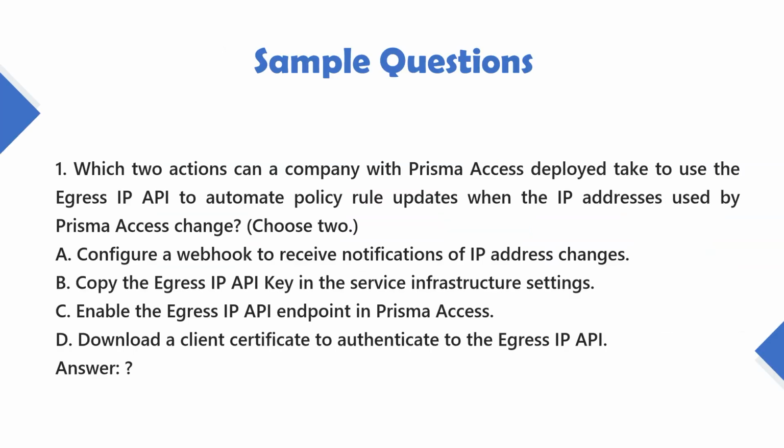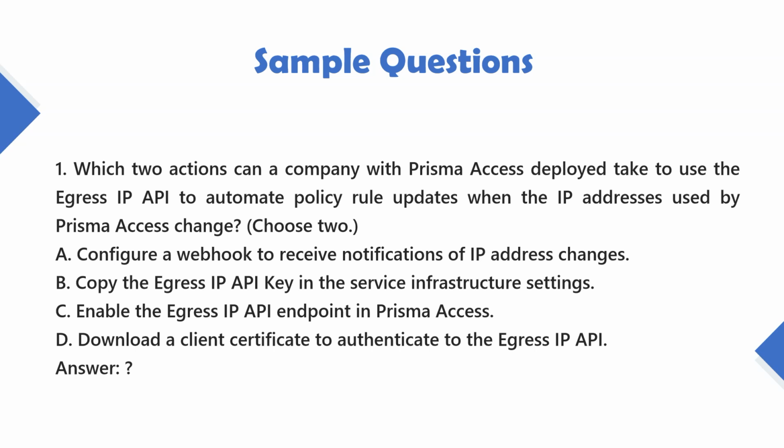1. Which two actions can a company with Prisma Access deployed take to use the egress IP API to automate policy rule updates when the IP addresses used by Prisma Access change? Choose 2. A. Configure a webhook to receive notifications of IP address changes.